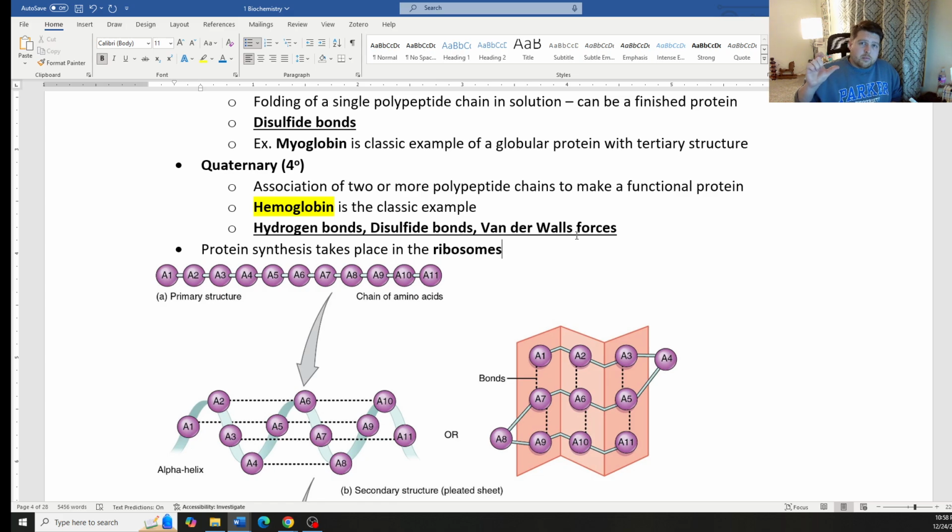We create a messenger RNA. We ship that out. It goes to the rough endoplasmic reticulum. It gets read. It gets processed within the ribosomes. That produces our proteins, and then we have something called a Golgi complex, which is responsible for packing and moving all of those things.